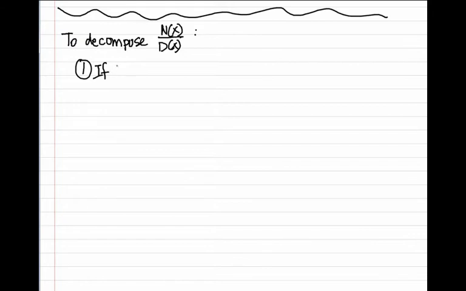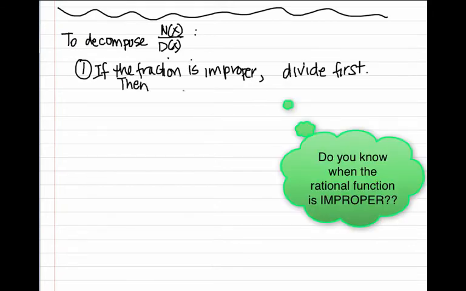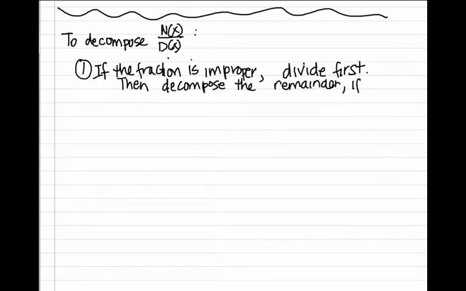So I'm going to give you guys some tips as to how to decompose. To decompose n of x over d of x, first thing is, if the fraction is improper, divide first. Then you will decompose the remainder if needed. Now, if you're wondering what it means to be an improper fraction, well, with regular numbers, an improper fraction is something like 9 over 4, where the top is bigger than the bottom, the numerator is greater than the denominator.